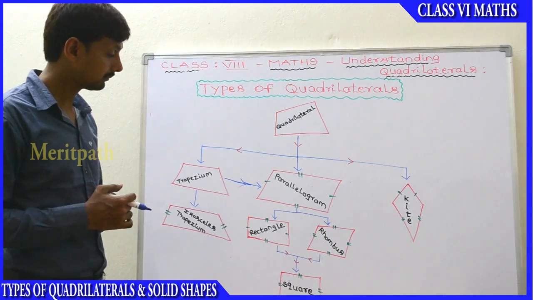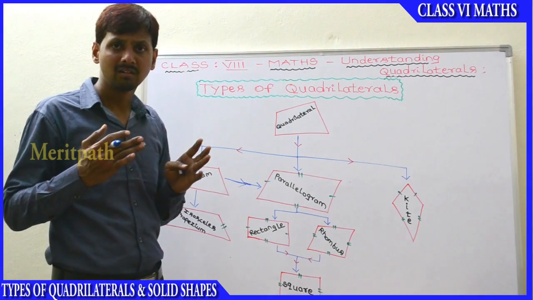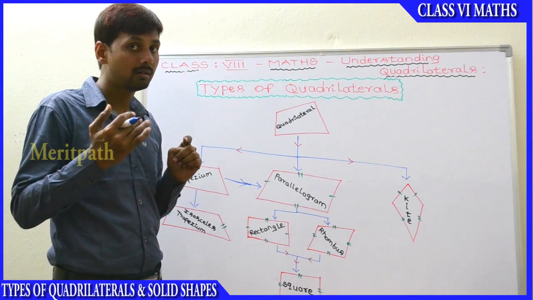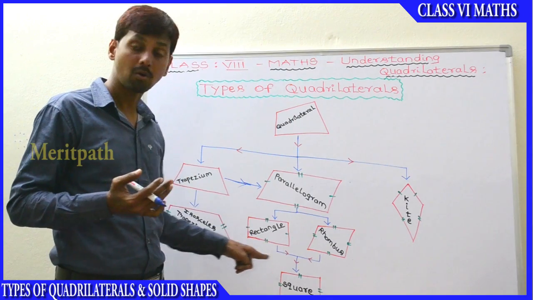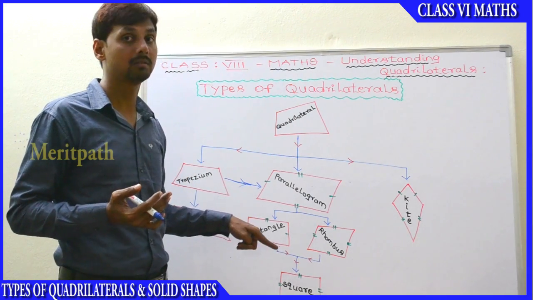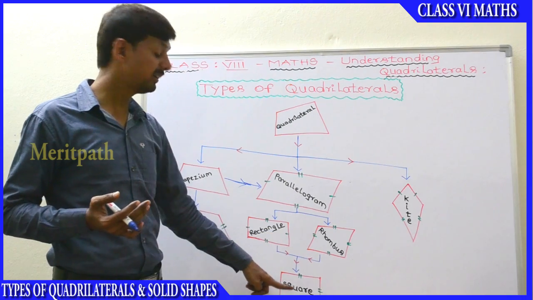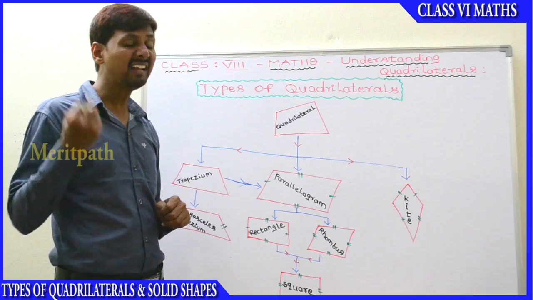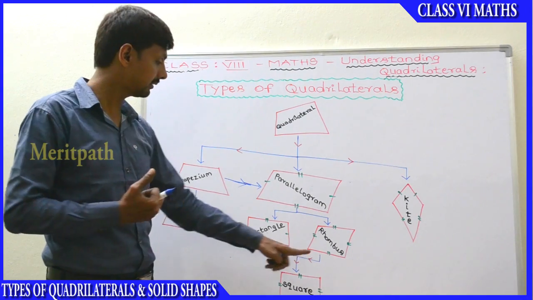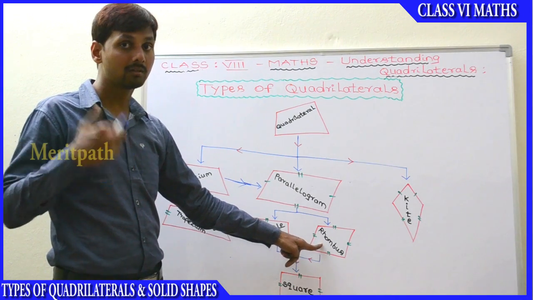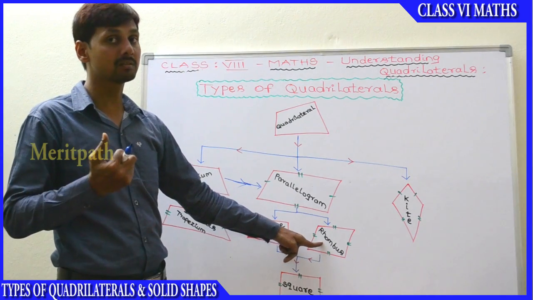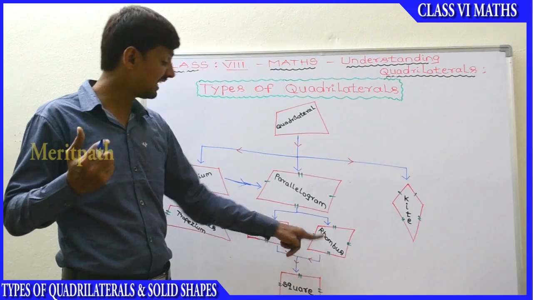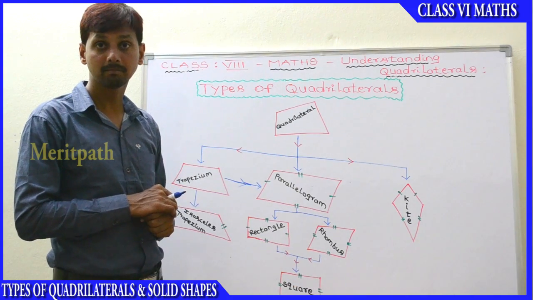And if each side of a rectangle is equal, that means all the sides are equal in the rectangle, then it becomes a square. In a rhombus, if each angle is 90 degrees, then it becomes a square.